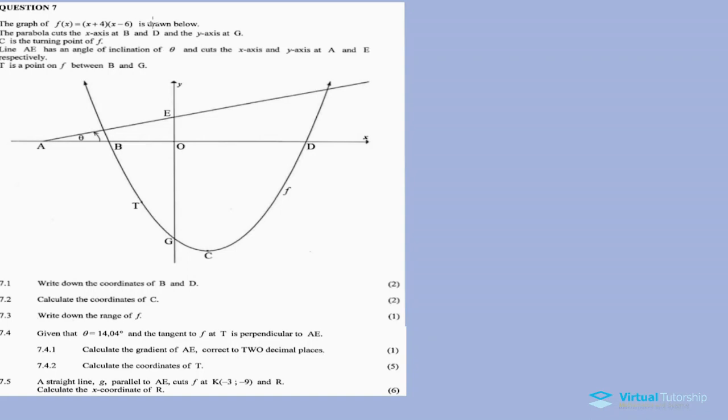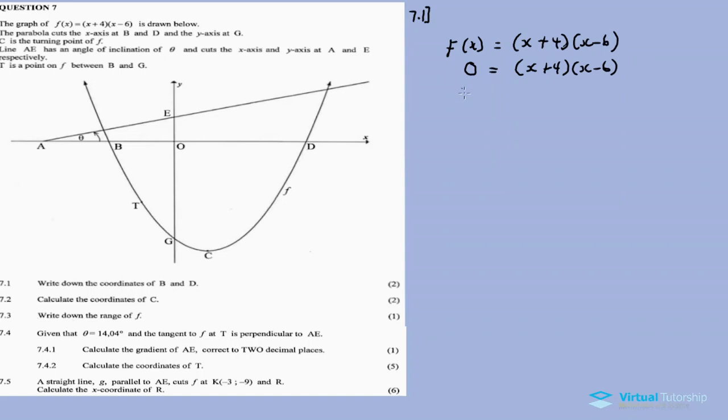Since the parabola is factorized, they are asking for the coordinates, which are the x-intercepts of the parabola, B and D. So for 7.1, check this out. f of x equals (x plus 4)(x minus 6), and since B and D are x-intercepts, we let y equal 0, then solve for x.